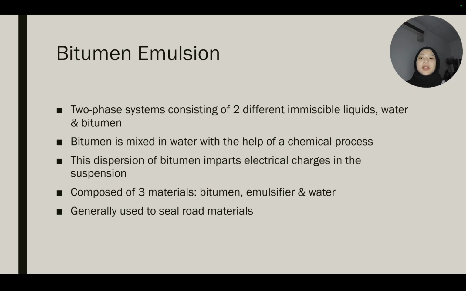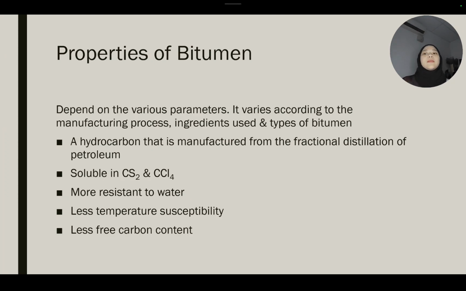This dispersion of bitumen imparts electrical charges in the suspension. It is composed of three materials, which are bitumen, emulsifier, and water, and is generally used to seal road materials.